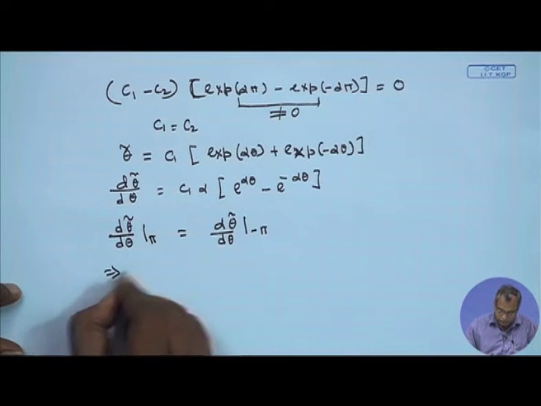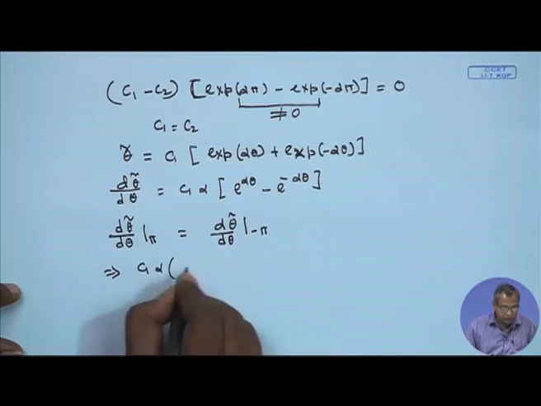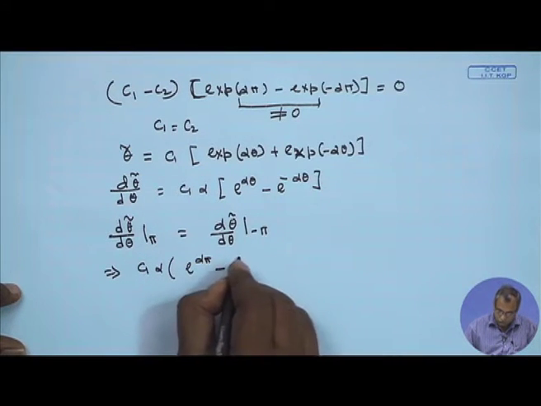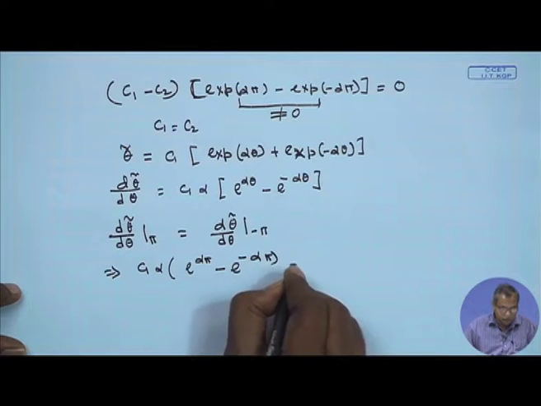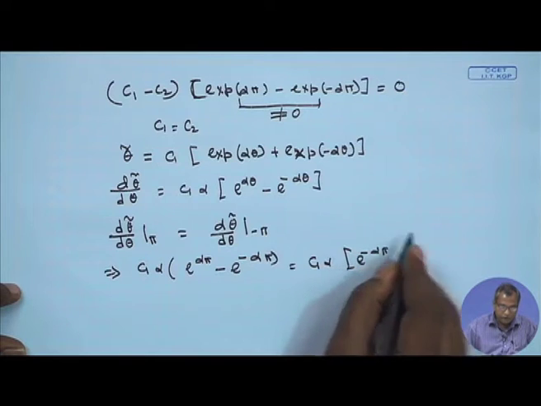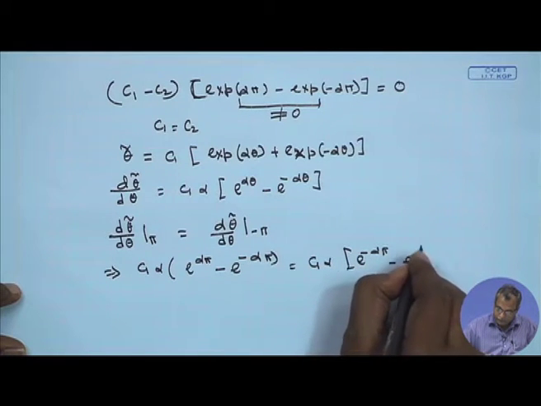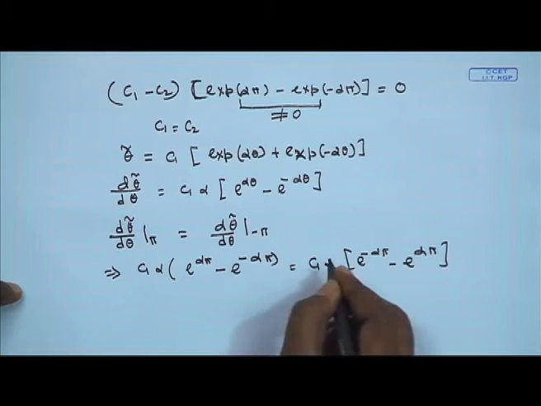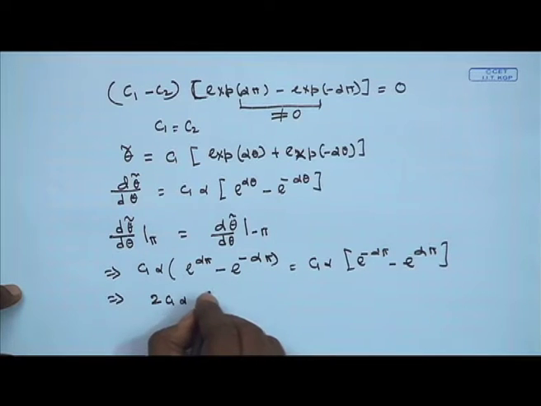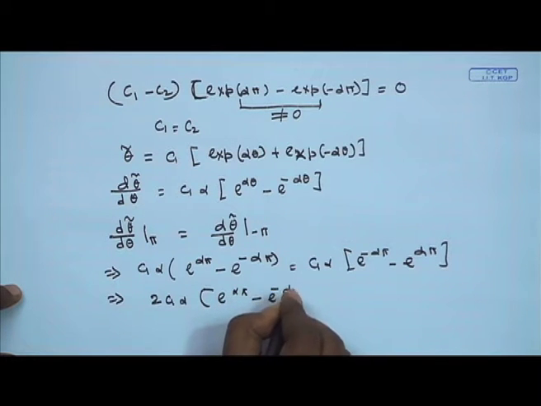So if you do that, you will be getting C1 α (e to the power απ minus e to the power minus απ) is equal to C1 α (e to the power minus απ minus e to the power plus απ), and therefore we can have 2 C1 α into (e to the power απ minus e to the power minus απ).